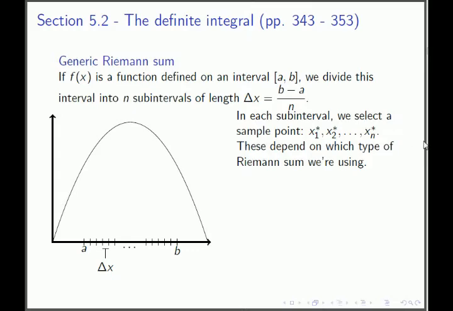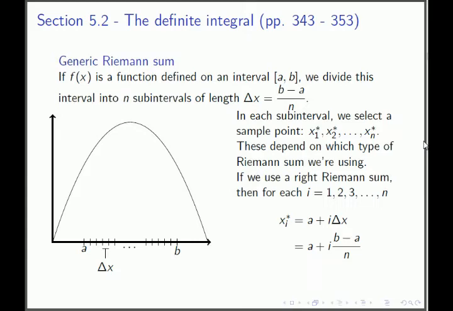However, for this technique, I use only right endpoint Riemann sums because they're a little easier to express formulaically. For instance, if we use right Riemann sum, then x sub i star is just a plus i delta x. Let me try to convince you of that. x1 star should be the right endpoint of the first subinterval. That would be a plus delta x. And this formula agrees with that.